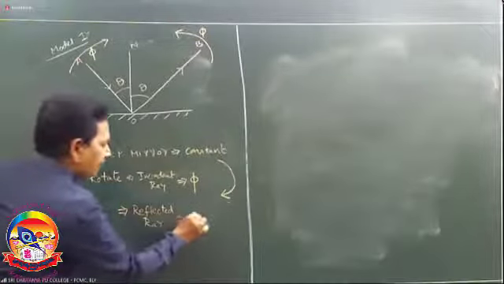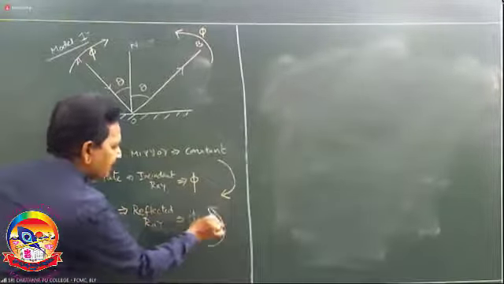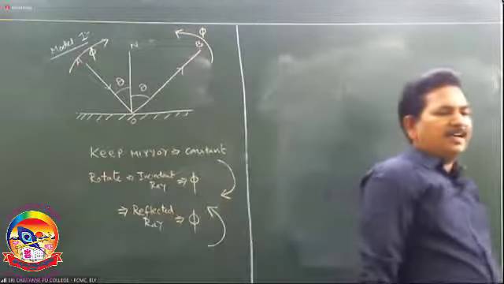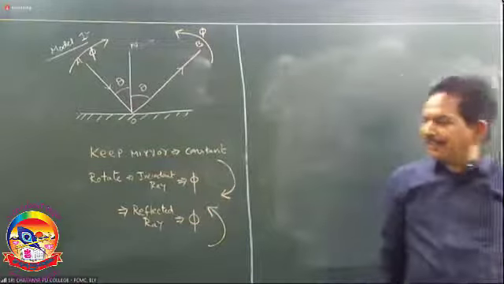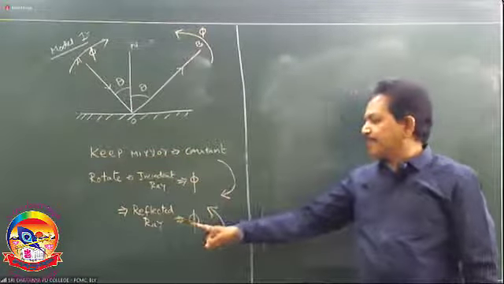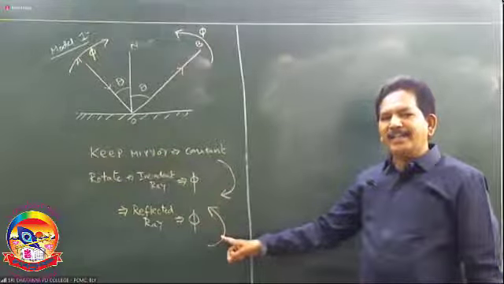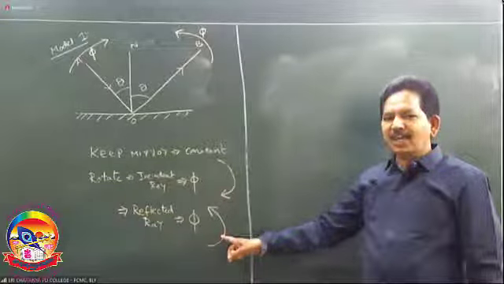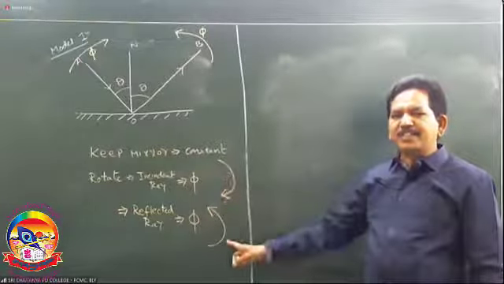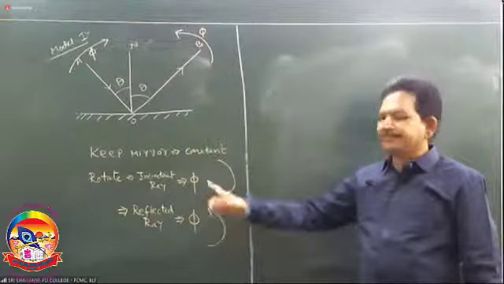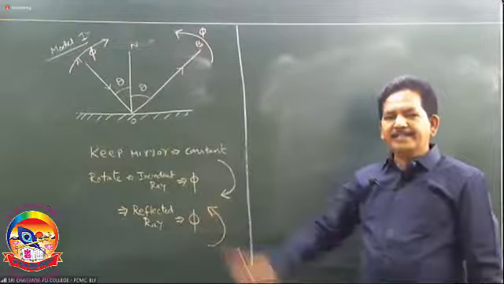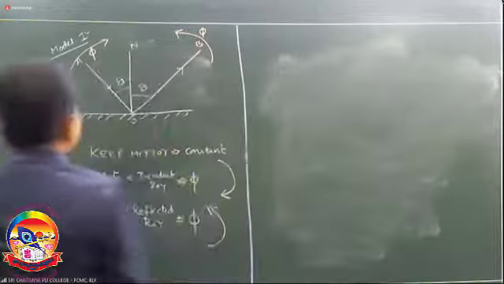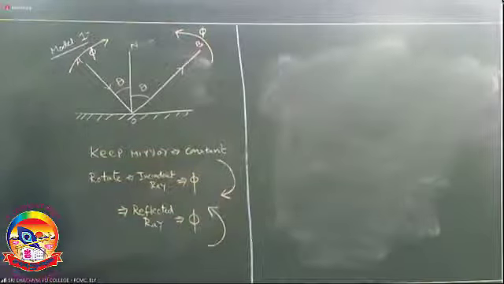Therefore, if the incident ray rotates by phi in the clockwise direction, the reflected ray also rotates by phi, but in the anti-clockwise direction. This is the result.